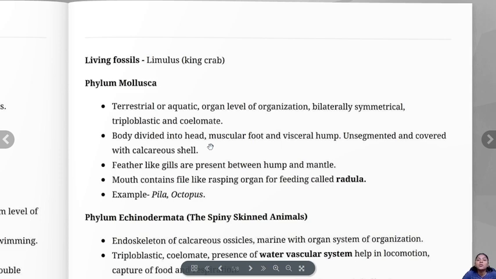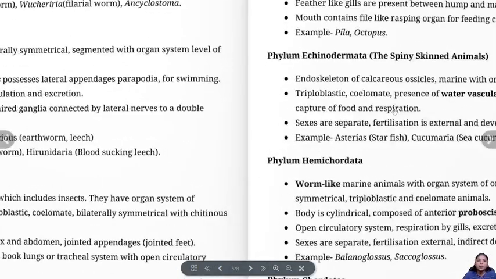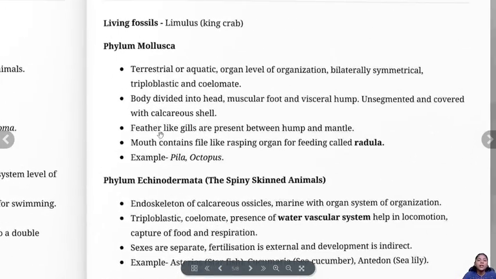Now here also the body is well differentiated and it is divided into head, muscular foot and visceral hump. Now these organisms are unsegmented and they are covered with a calcareous shell. So feather-like gills are present between the hump and the mantle, and mouth contains file-like rasping organs for feeding called the radula.